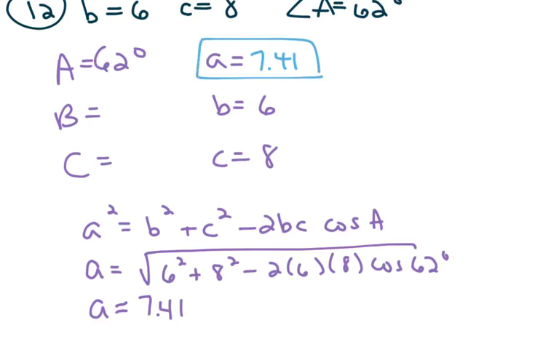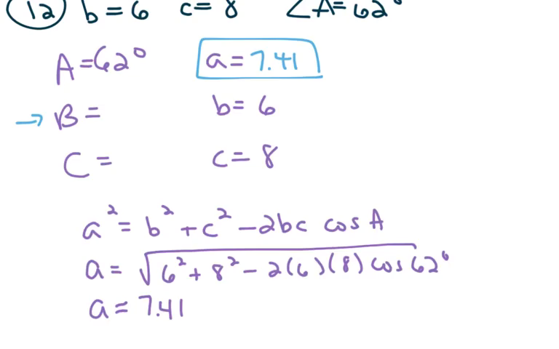Now that I've used the law of cosines to find one of the sides, I don't have to use the law of cosines again. I can use the law of sines now to find one of the angles, but which angle should you find? You should always find the smaller one first. Here's why. First of all, I know that angle C is going to be the largest of the three, because it corresponds with the largest of the three sides.